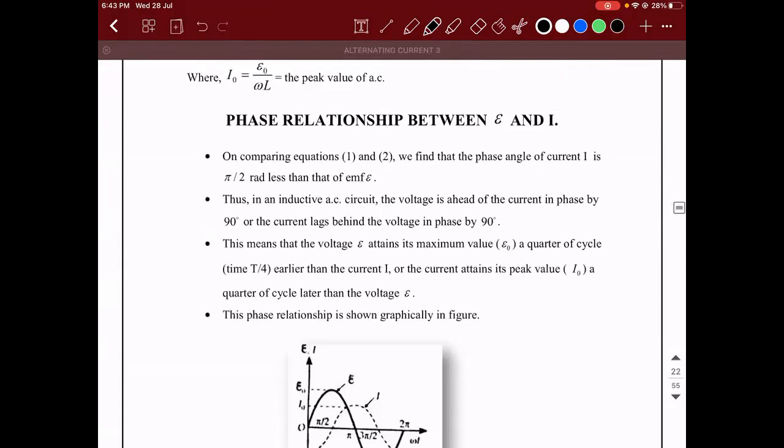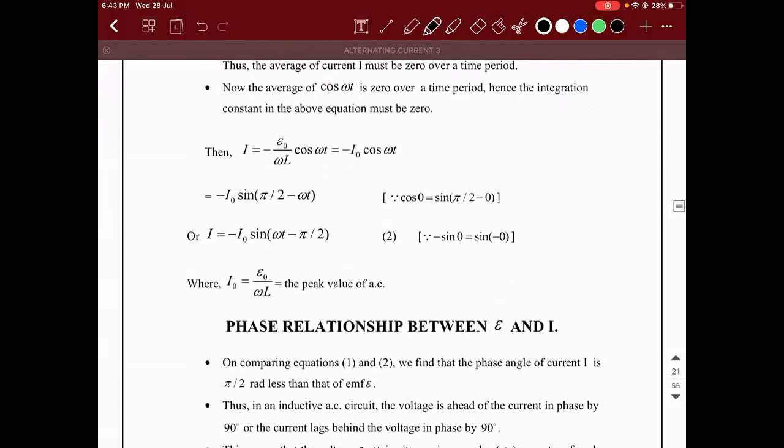What is there to draw? So E is equal to E naught sine omega t, and I is equal to I naught sine of omega t minus pi by 2.